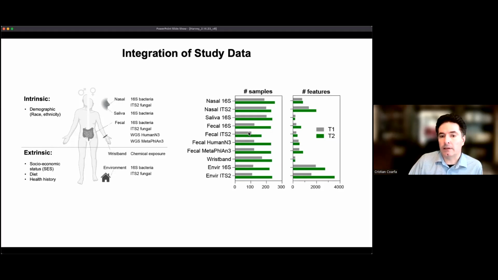And remember that at time 1, some of these people who were flooded were trying to contribute, but at the same time, they were dealing with major disruptions in their lives, okay? In terms of complexity of the data obtained, you can see that, maybe not surprisingly, environmental assays like 16S and ITS gave us the highest number of features. Actually, same with the nasal, and nasal stays at the gateway between the host and the environment. So that was actually reassuring that we are getting the type of results that we are expecting.